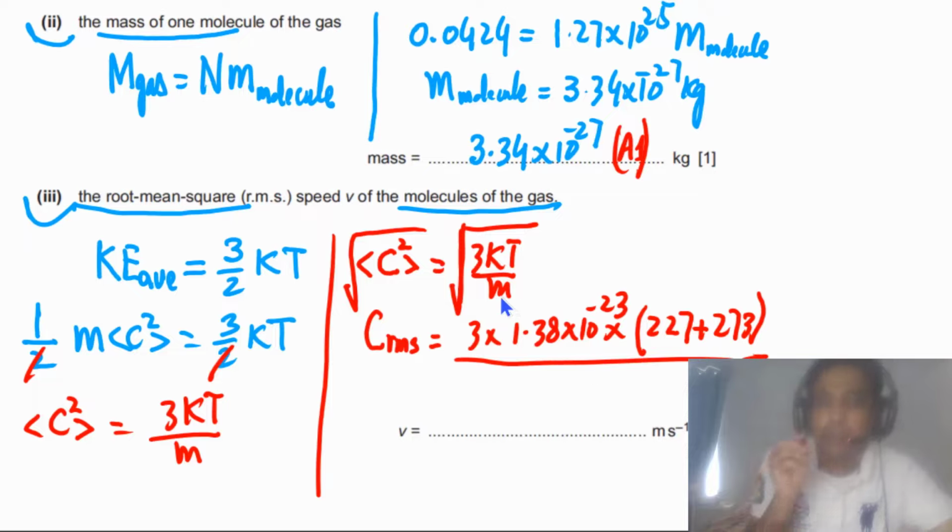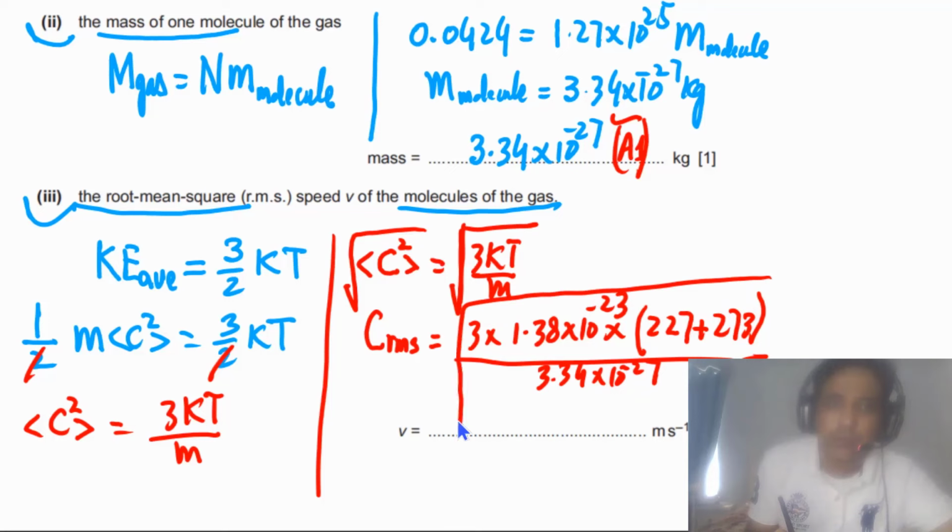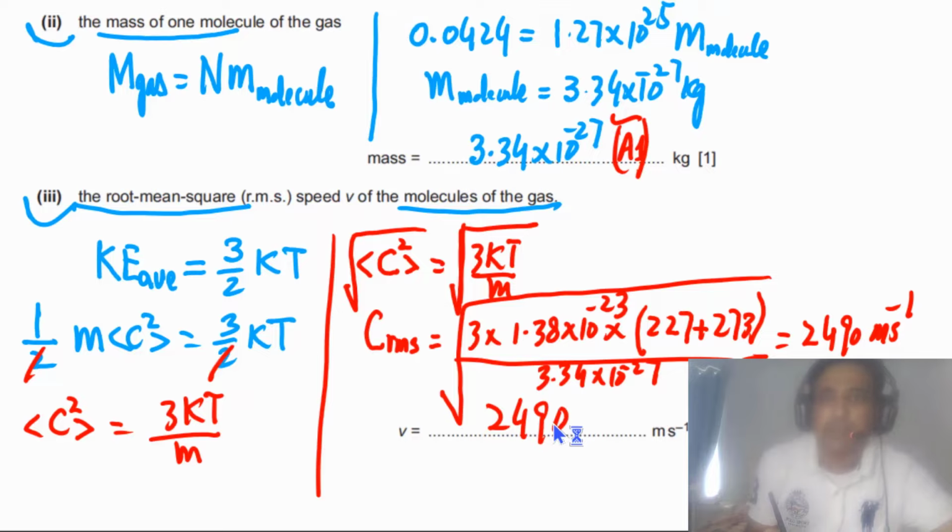So m is the mass of a single molecule, which we have just calculated here. So this is 3.34 times 10 to the minus 27. Now if we take the square root of this, our final answer will be equal to 2490 meters per second up to 3 SF. So this is our final answer.